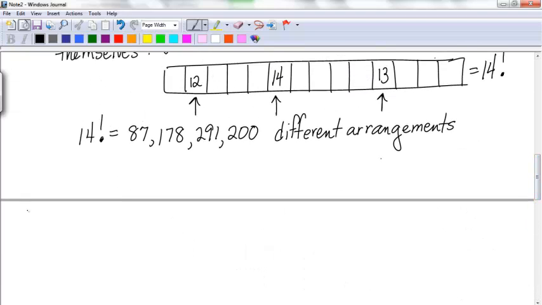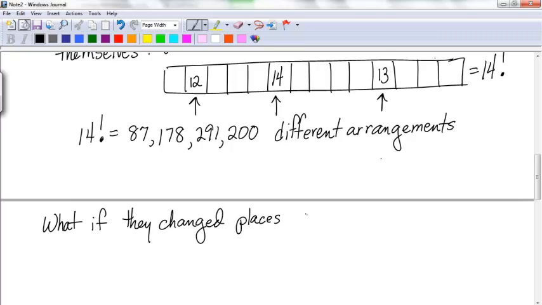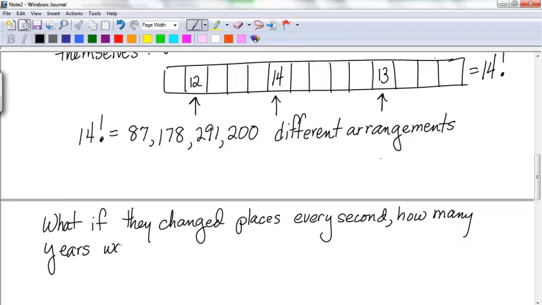Now, take that same problem. What if they changed places every second? How many years would it take?